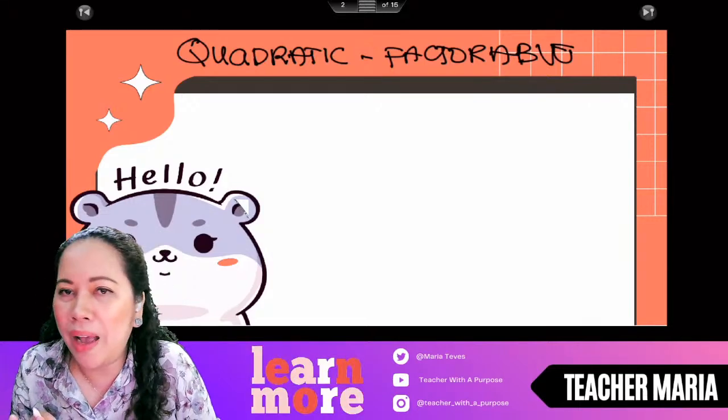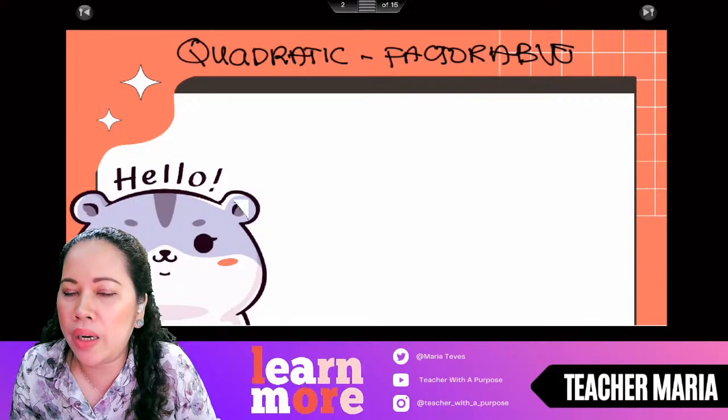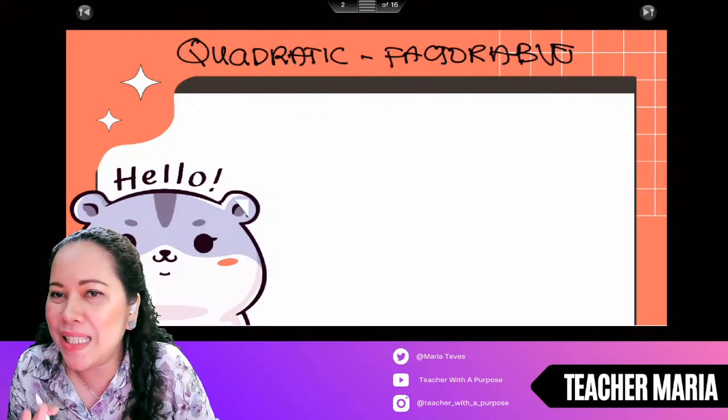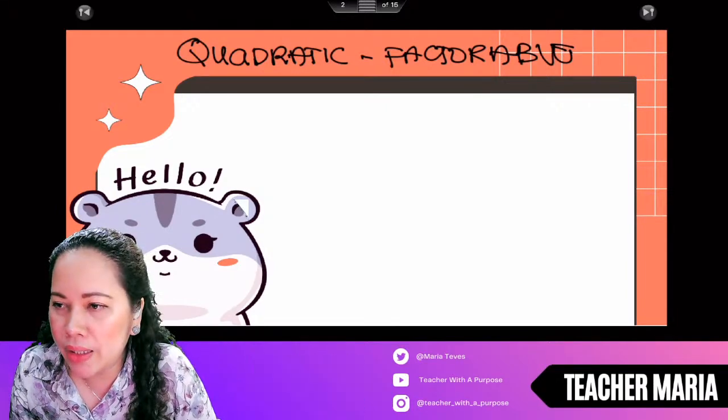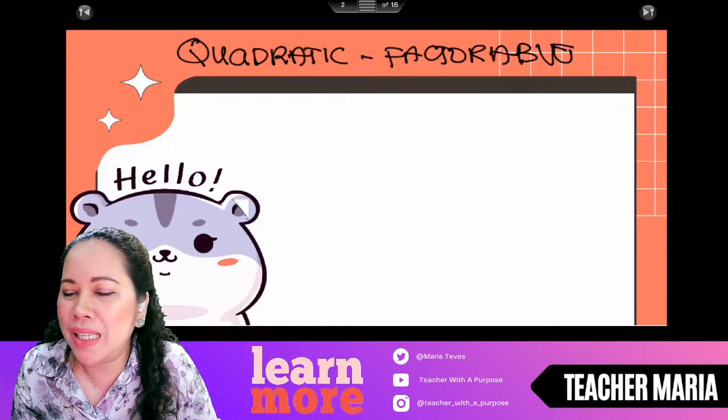So here we have a quadratic trinomial wherein the first term is not a 1. What if our first term is not 1?